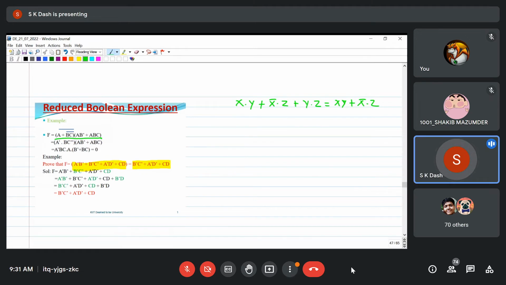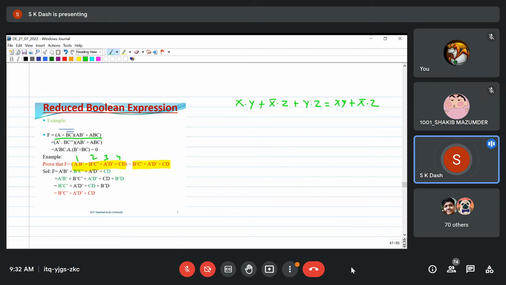So check any term 1, 2, 3, 4 where I can apply the consensus theorem directly.